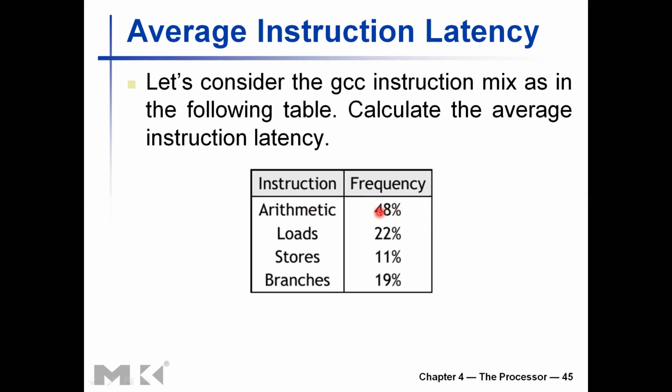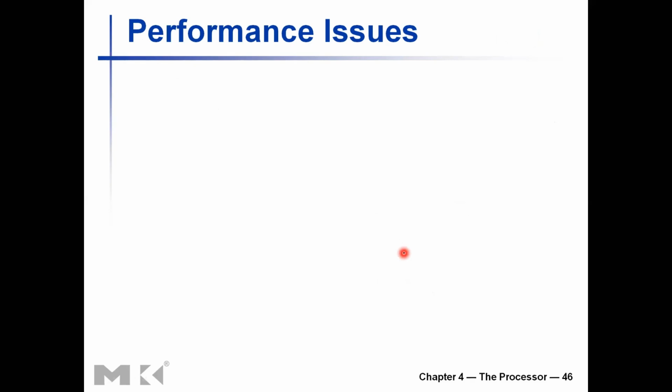Say arithmetic instructions, 5 nanoseconds, so 48% of the program will take 5 nanoseconds per instruction. Only 22% of the program will take 7 nanoseconds per instruction, likewise, right? So then you can consume the actual time needed by each instruction to complete separately. So based on that, we have a performance issue at hand for our single cycle implementation.